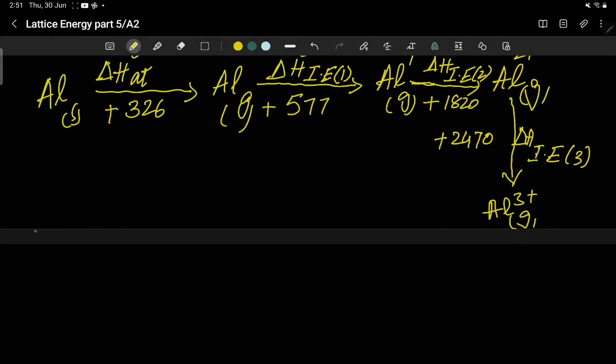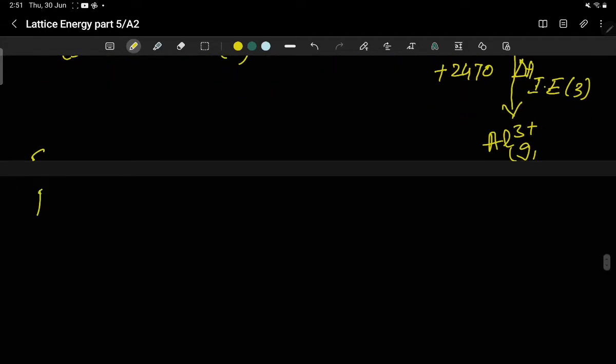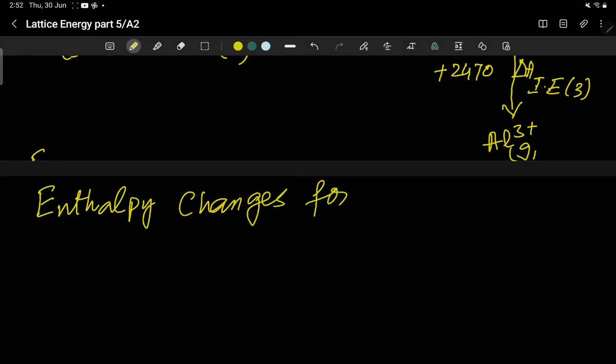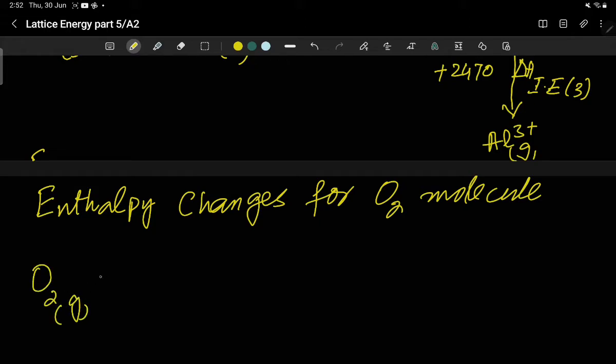Next, enthalpy changes for oxygen molecule. Gaseous atom.